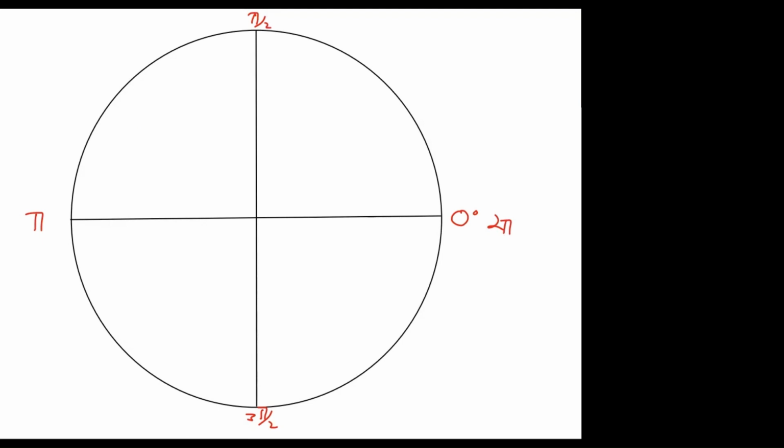The first jump from the axis is 30 degrees, so that's 1 angle, 2 angle, 3 angle. The difference from here to there is 30 degrees. So it's going to be pi on 6, pi on 4, and pi over 3.